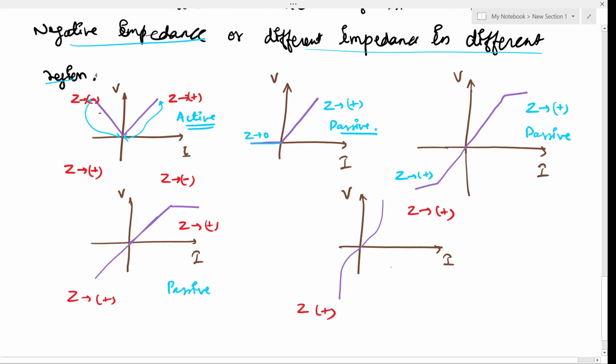And if we talk about this type of characteristic, this is also offering the same impedance in all directions. That's why it will be for a passive element. Okay, I think through the characteristic you are able to find out which type of element it is.